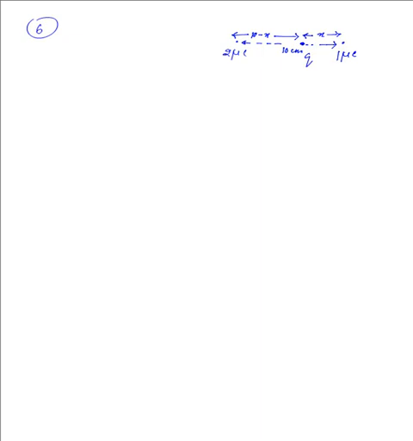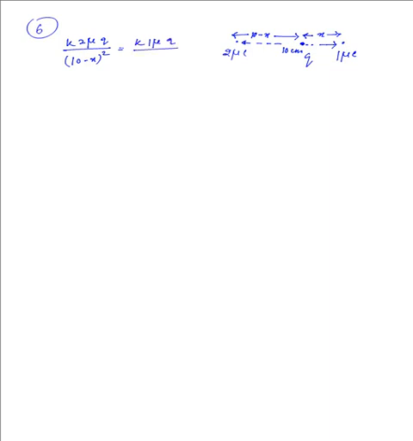So the condition here is K times 2 microcoulomb times Q divided by (10 minus x) squared, and that's for the first one, and that has to be equal to the force that is applied by the 1 microcoulomb charge. So K times 1 micro times Q divided by x squared.